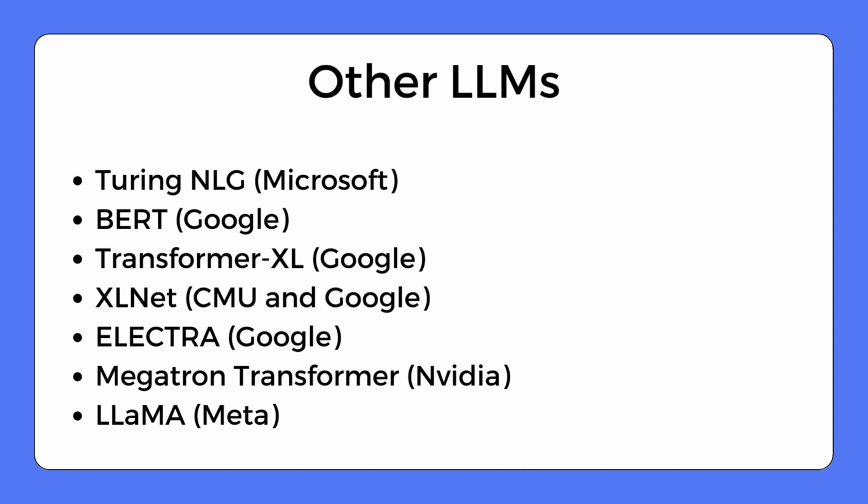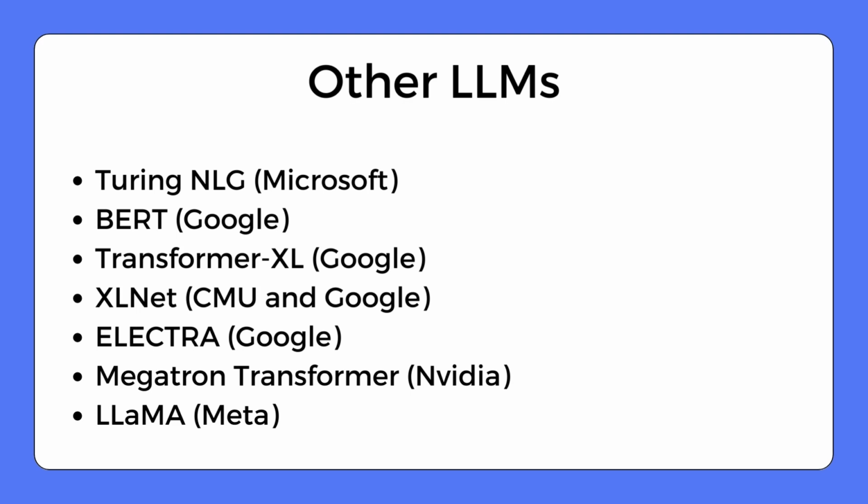BERT by Google, a revolutionary transformer-based model that is pre-trained on a large corpus of text and fine-tuned for various natural language processing tasks, providing a high level of understanding of context and semantic meanings. Transformer XL, a language model developed by Google's Brain team that innovatively handles long term dependencies in sequences, significantly enhancing the performance of tasks like text generation and translation.